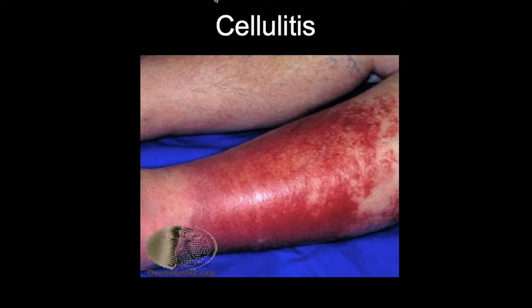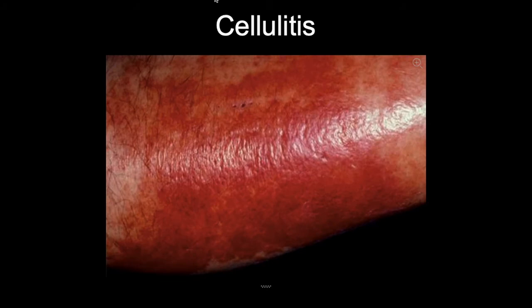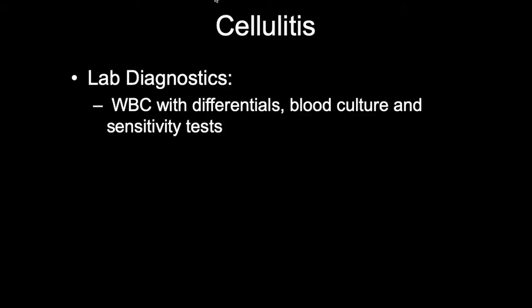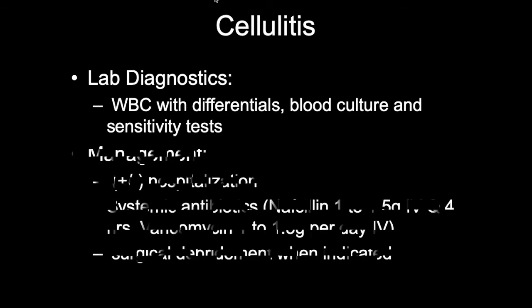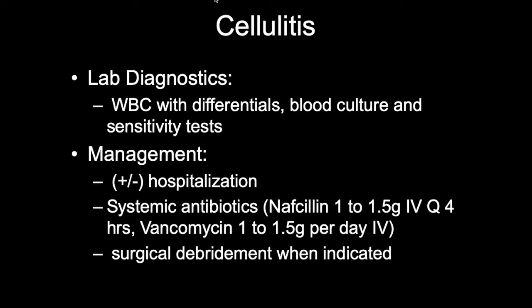Here are some photos of cellulitis. Diagnostics that might be helpful are white blood cell count, culture, and sensitivity. For treatment, systemic intravenous antibiotics may be needed for severe cases and also hospital confinement.